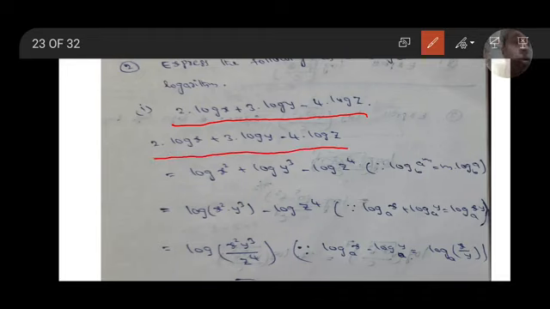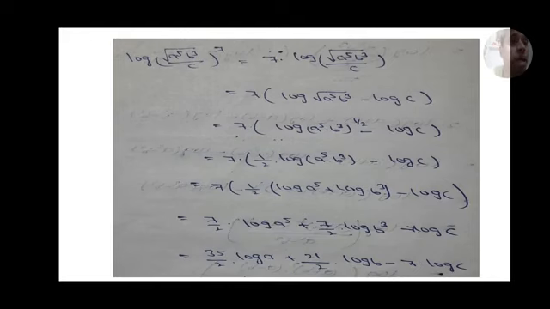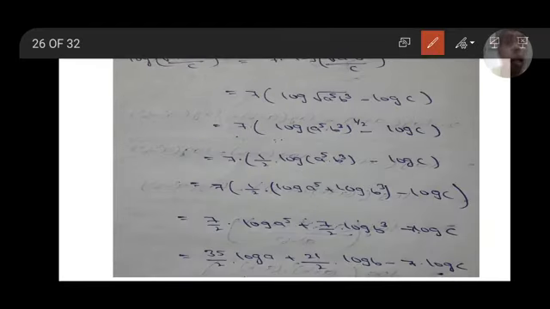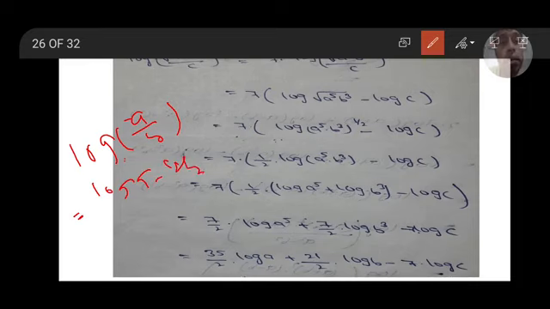So this power 7 will come as 7 into. Therefore, it is of the form log a by b, so by using the property log a by b equals log a minus log b. A by b is there means log a minus log b.